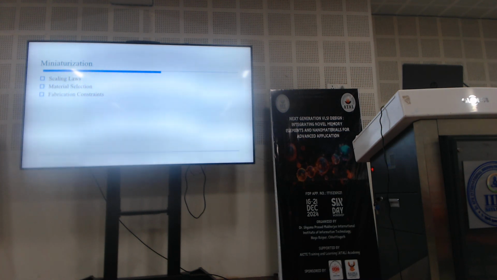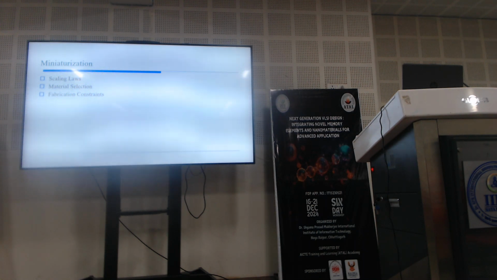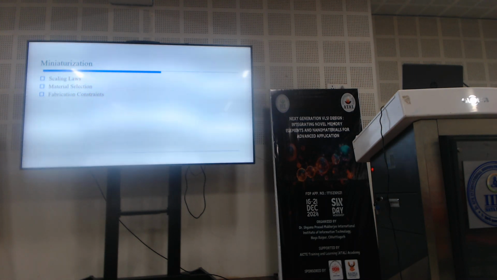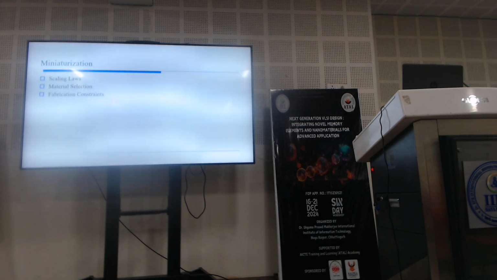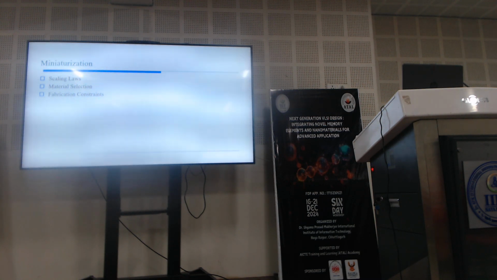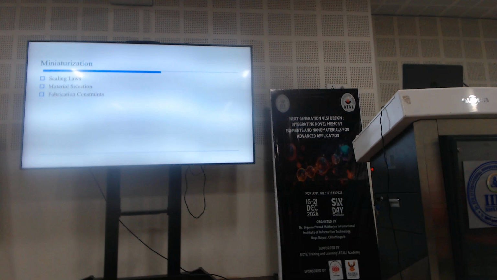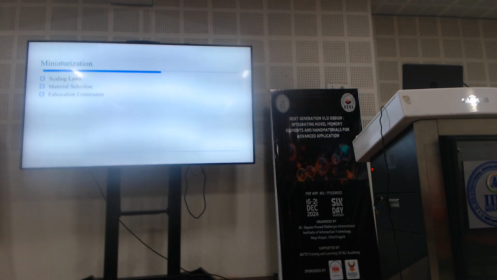The second one is material selection, which is one of the key factors. Whichever type of sensor you are making, you have to take the corresponding material. For example, say I am making an accelerometer. For an accelerometer, basic silicon is enough.